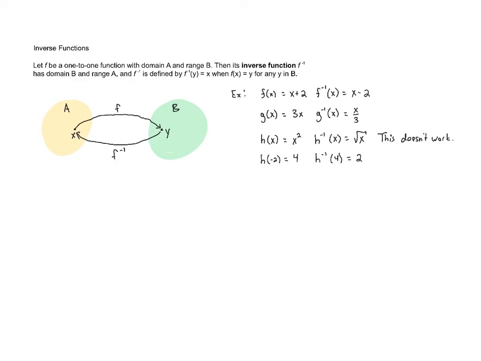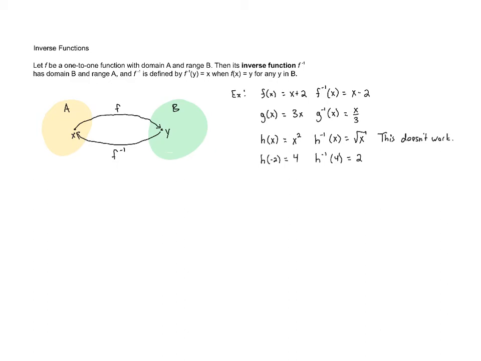It's positive 2 because we use the square root symbol, and that gives us the principal square root. And this causes a problem because we need the inverse function to output the number that was originally inputted into the original function. So if this was actually the inverse function, it would give us an output of negative 2 because negative 2 was the input when we got 4.